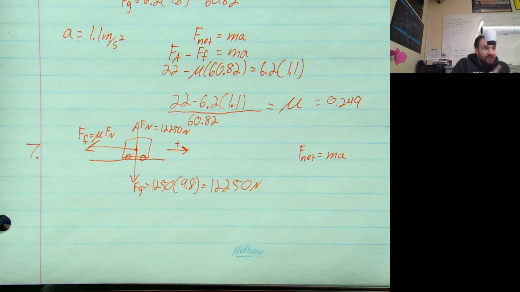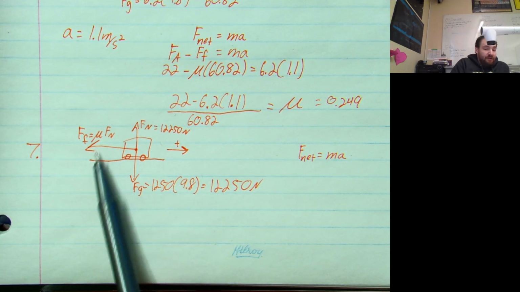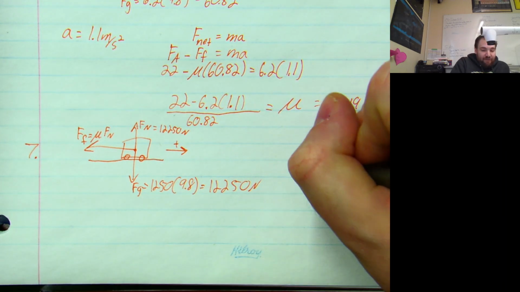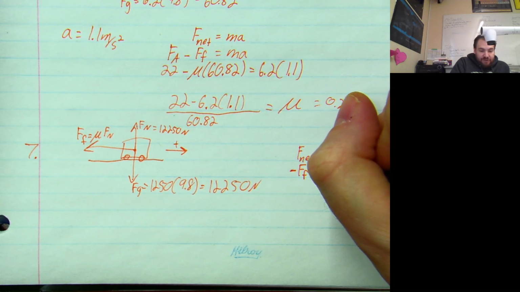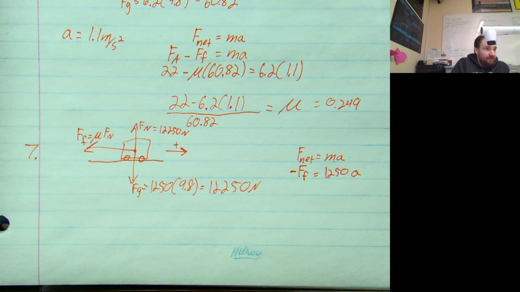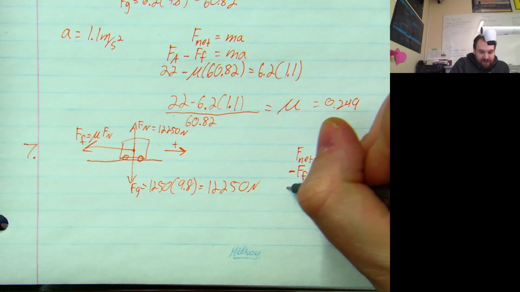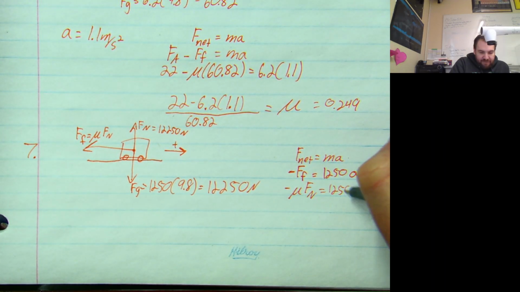It's not just the force of friction. We said to the right was positive and the friction's acting to the left. So this is going to be negative force of friction equals 1250 times A. Now, we have to go through and find A, because here I'm going to have negative mu FN equals 1250 A.